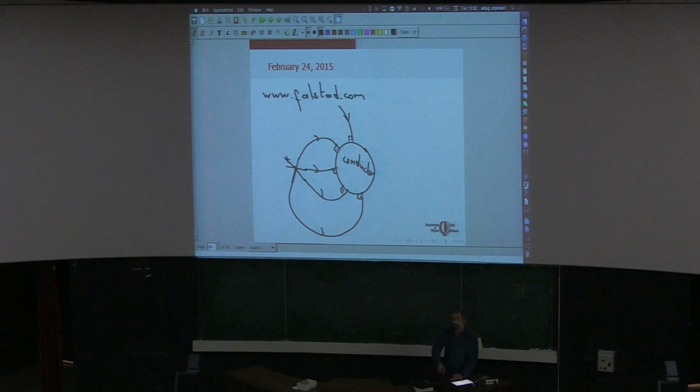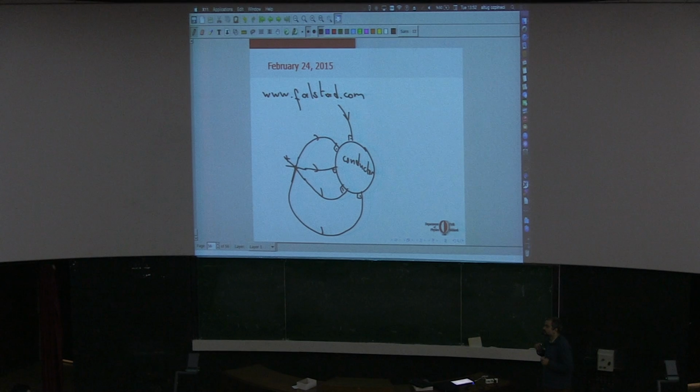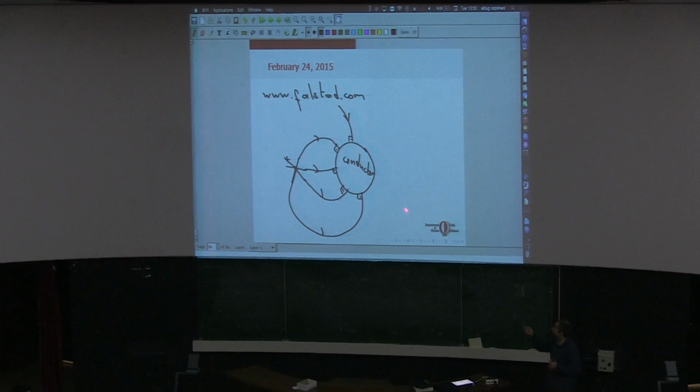Well, we had said that if the electric field line is not perpendicular to the surface, that means it has a horizontal component, a component that's parallel to the surface. But that means that component will exert a force on the electrons, which will be horizontal to the surface. So the electrons will be free to move along the surface. That's the definition of a conductor.